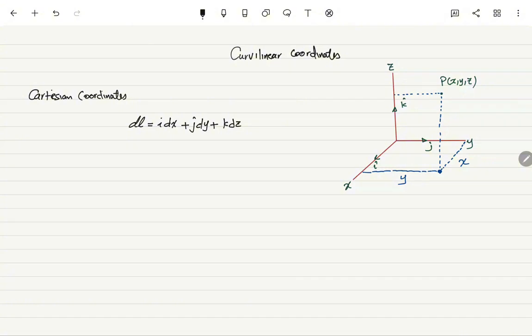There are four things we are actually interested in: gradient phi, divergence A, Laplacian phi, and curl A. Now in Cartesian coordinates, gradient phi is i hat partial phi partial x plus j hat partial phi partial y plus k hat partial phi partial z.